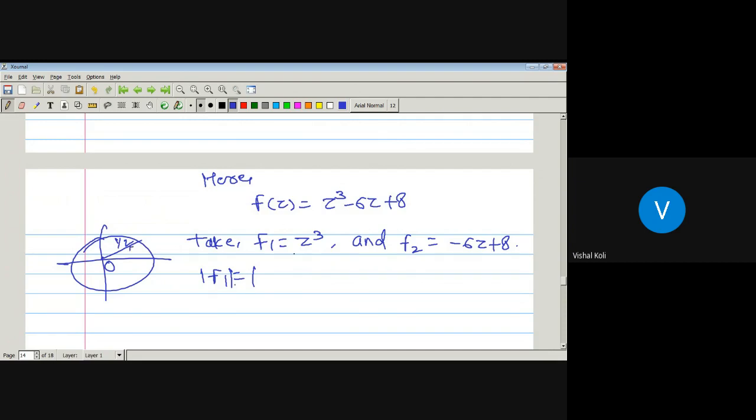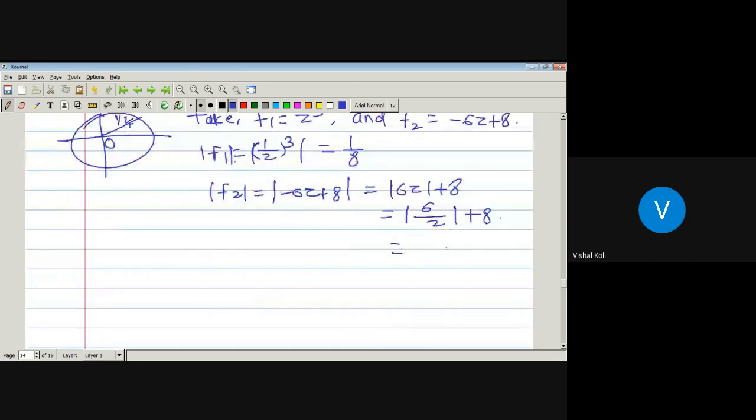It means here the value of |f1| will be (1/2)³, which is nothing but 1/8, and |f2| = |−6z + 8|, which is at most 6 times 1/2 plus 8, which is 3 + 8 = 11. This implies |f1| is less than |f2|, since 11 is greater than 1/8.